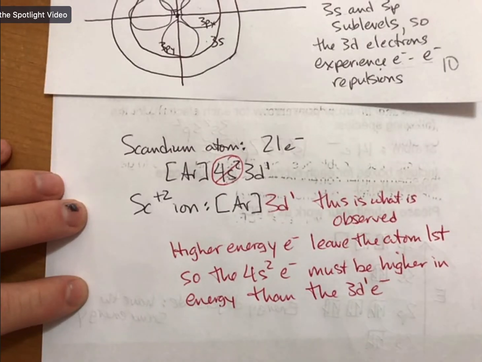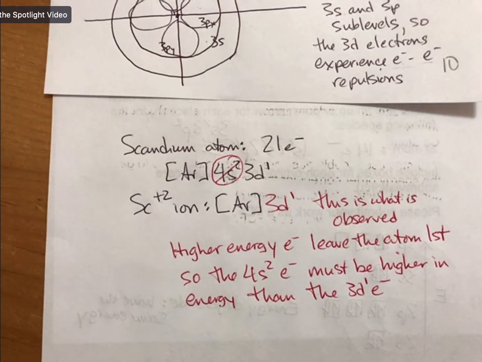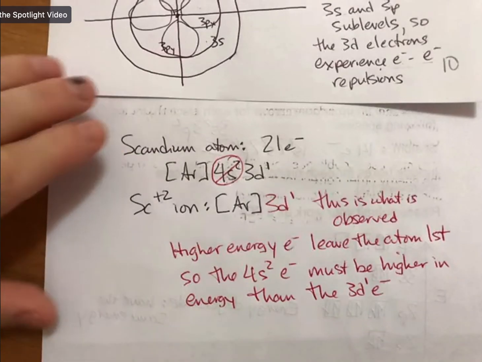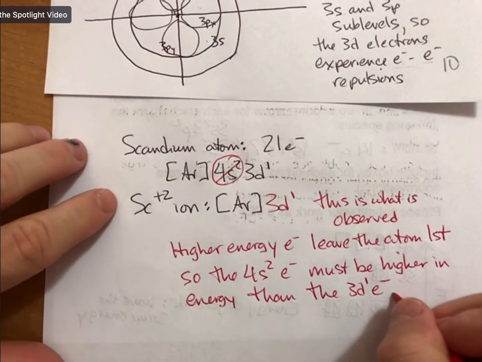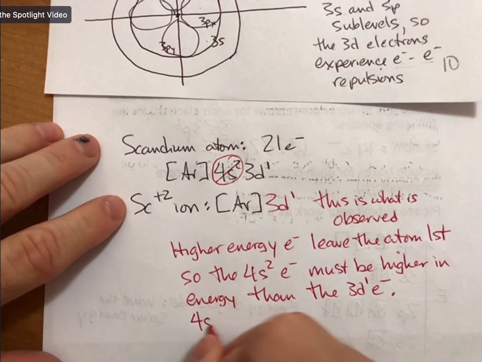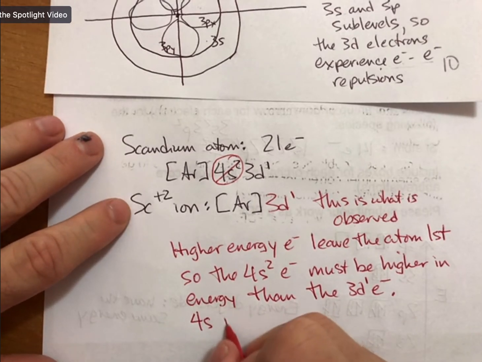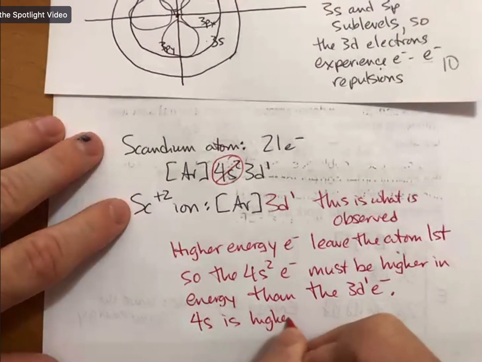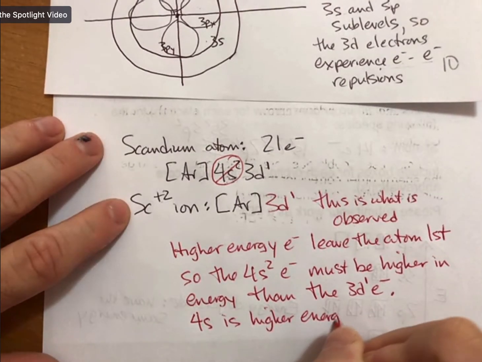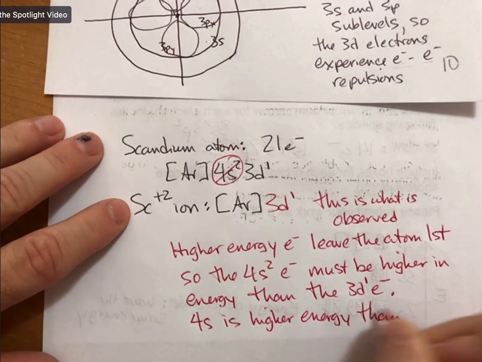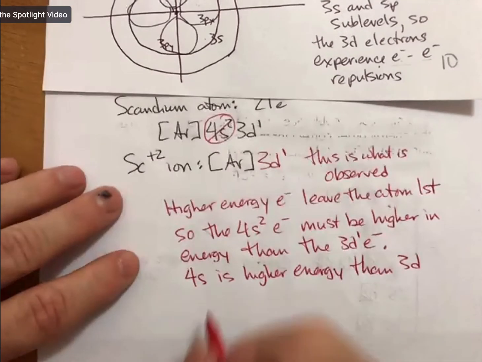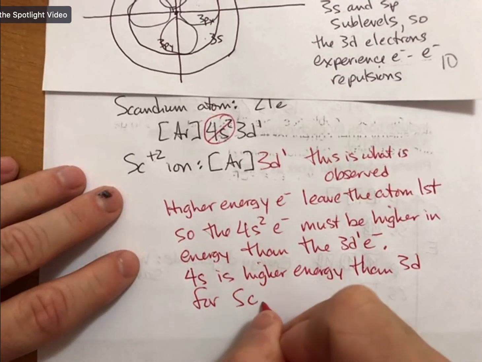Than the 3d1 electron. So now 4s for scandium, 4s is higher energy than 3d. For scandium.